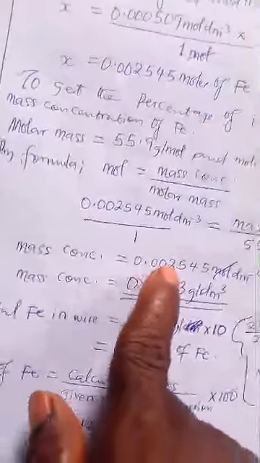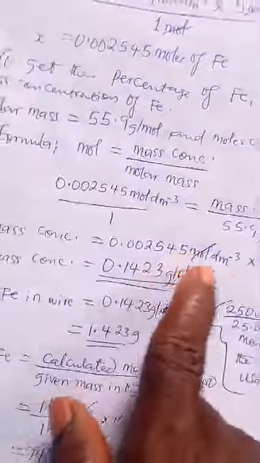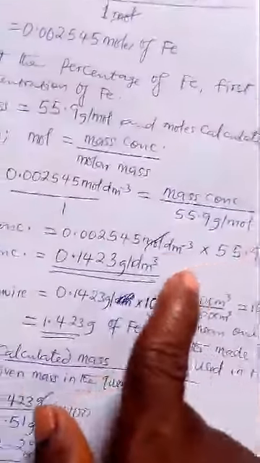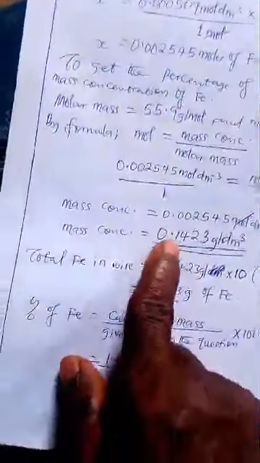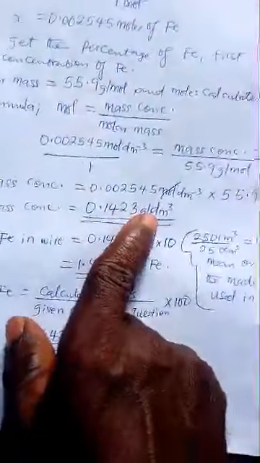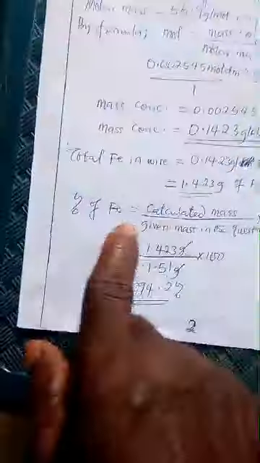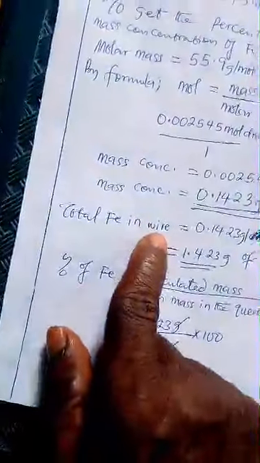This mole cancels this mole. You are left with gram and dm3. So if you multiply this by this, you get our 0.1423 gram per dm3.